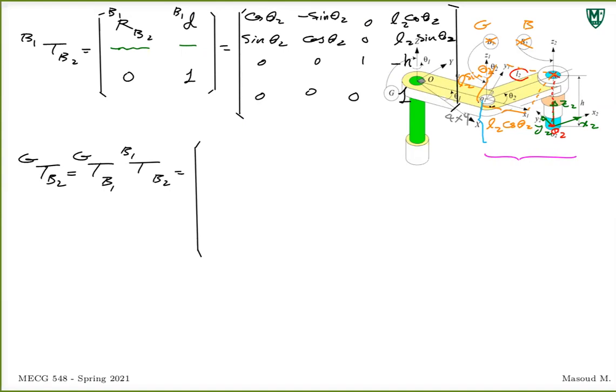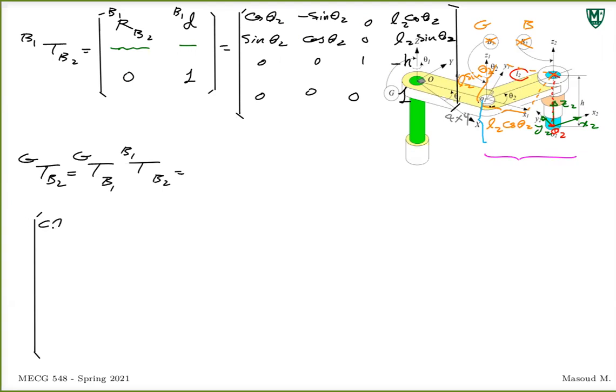If you do that multiplication, you will get this one. I'll try to write it quickly. Basically, the first element becomes cosine theta 1 cosine theta 2 minus sine theta 1 sine theta 2. I'm in trouble, let me just move it down. There's no way I can fit this, so don't worry about the spacing.